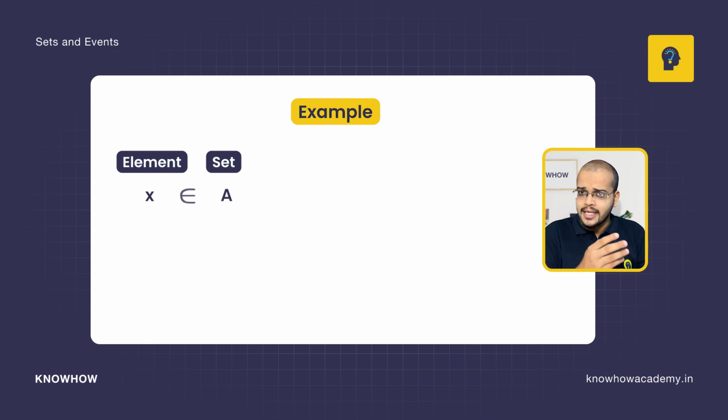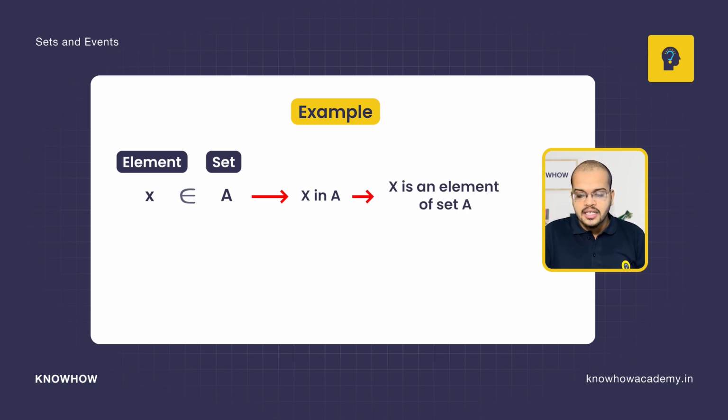It looks like E, but it is not E. We call this x in A, which means that x is an element of set A.